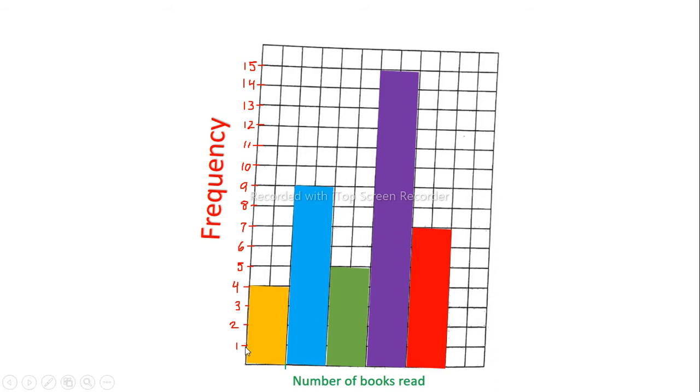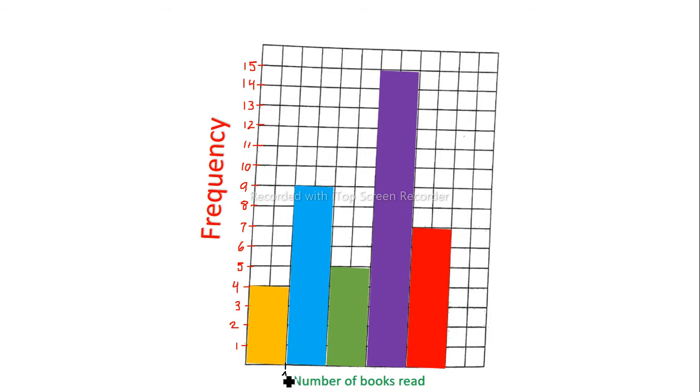So for the number of books, we have to use the rule that they gave us. We have to call this 1. So every 2 blocks is 1.